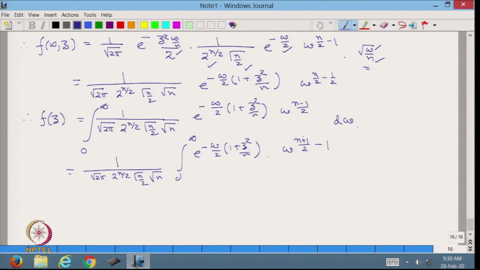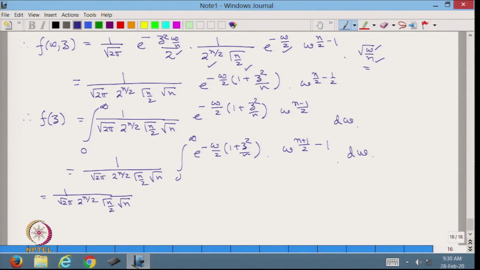We are writing it in this form, d w, times 1 over root over 2 pi 2 to the power n by 2 gamma n by 2 root over n.